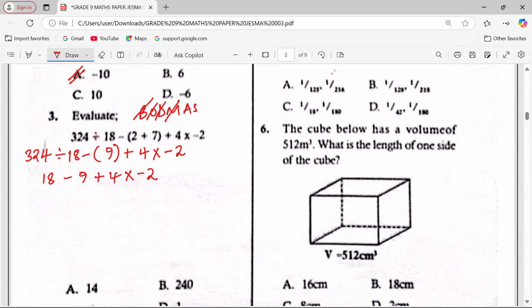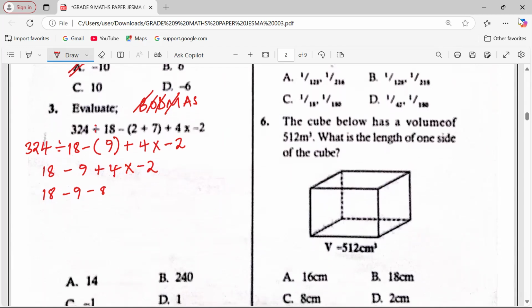Then the next to be done is multiplication. So 18 minus 9. Then where are we having multiplication? At 4 by negative 2. So 4 times negative 2 will give us a negative 8.